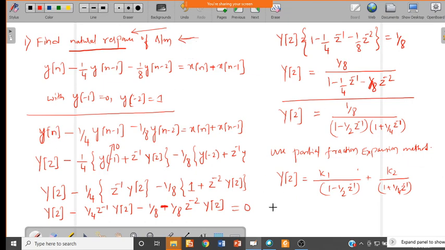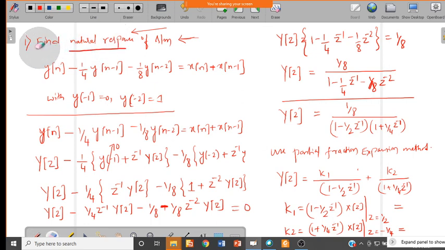So how we can find out the value of k1? We can find out 1 minus half z inverse into x of z, at z equal to plus half. So what is the value? And similarly k2 equal to 1 plus 1 by 4 z inverse into x of z at z equal to minus 1 by 4. What is the value? So now if you substitute, then you will get the y of z.